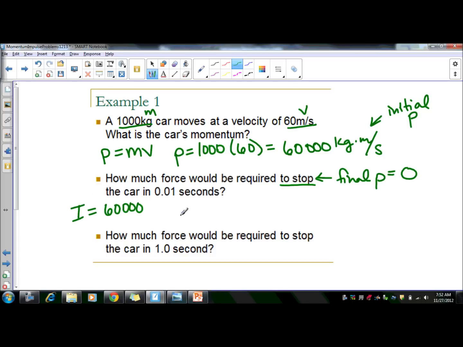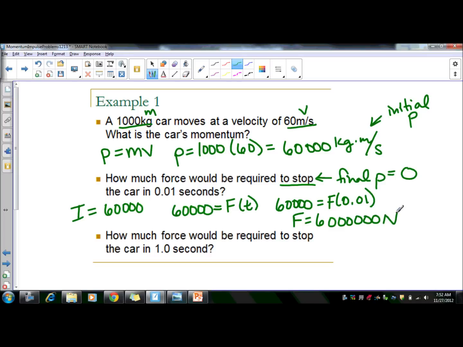So if impulse is 60,000, impulse is equal to force times time. And so we get 60,000 equals force times 0.01 seconds, and we get a force of 6 million newtons. So this would be kind of a force that potentially the car would experience in that split second.